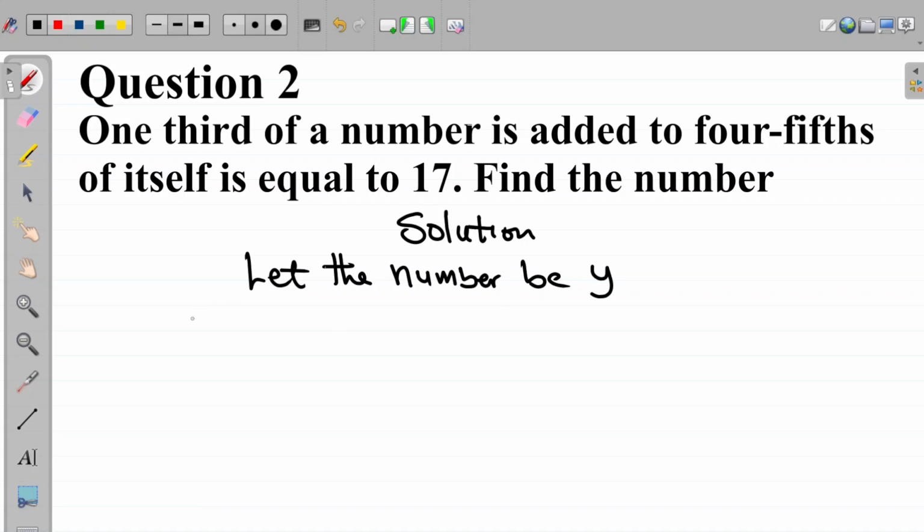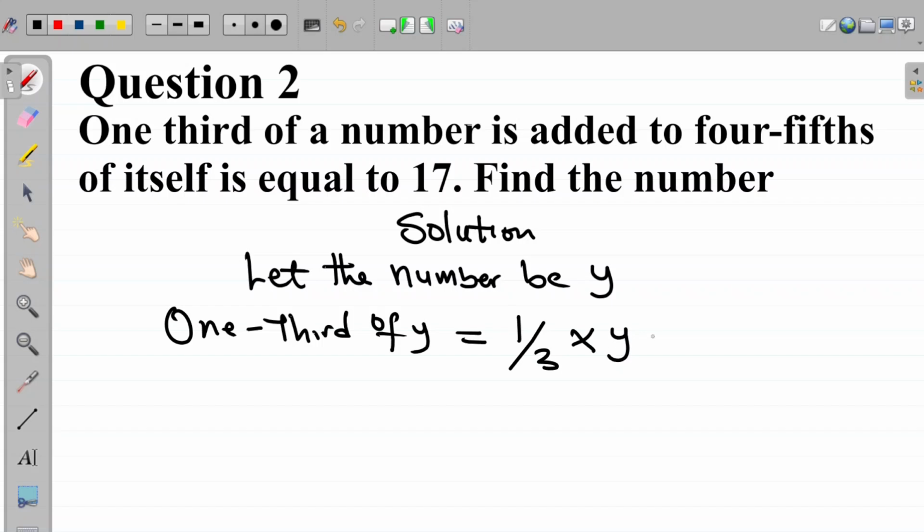So we say that 1/3 of the number, which is 1/3 of y, is equal to 1 divided by 3 times y, which is equal to y divided by 3, because 1 times y is y.